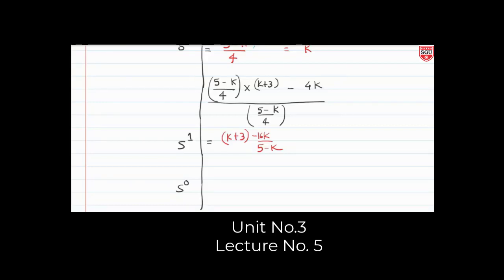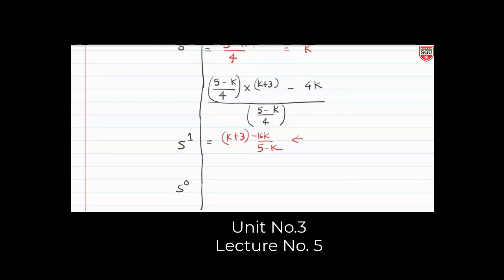If you get the answer for s raised to 0 correct, then I can say this answer is correct. What is the answer of s raised to 0? I'm not writing that step.